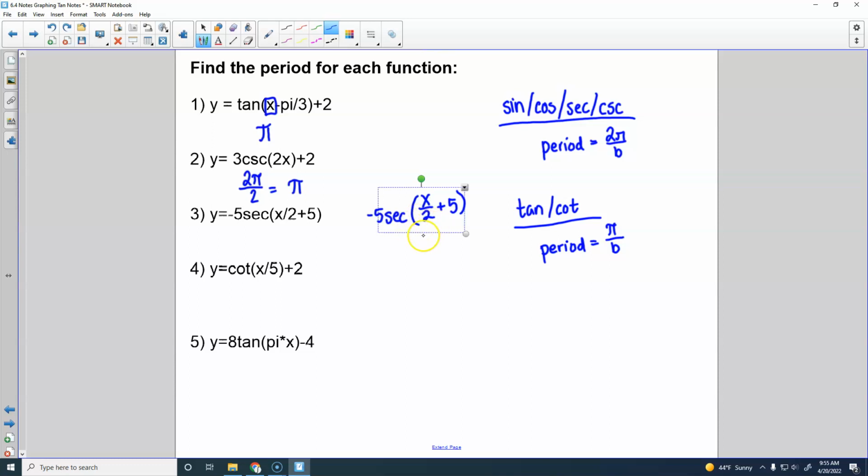How else could I write this here? 1/2 times x is the same as x over 2. So that number in front of your x, your b value, is 1/2. So you would do, this is secant, so we still use 2 pi. And we would divide that by 1/2. And dividing fractions is easy as pi. We flip the second and multiply, so we'll get 4 pi for that.